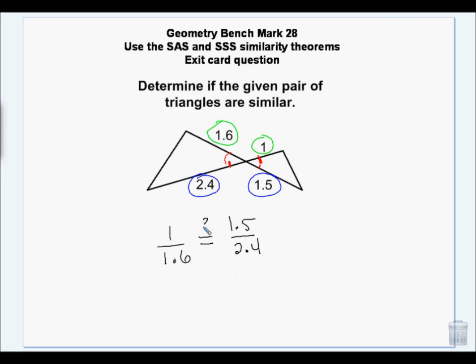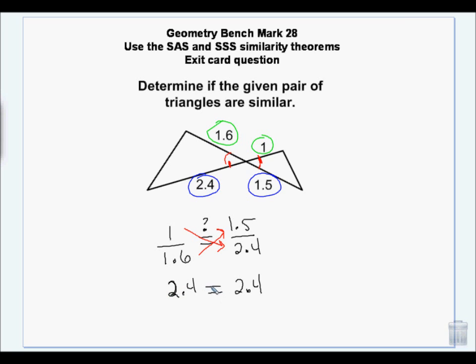So another way to tell if proportions are equal is cross multiply. So 1 times 2.4 gives me 2.4, and then 1.5 times 1.6 gives me 2.4.